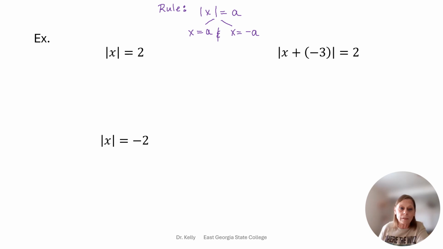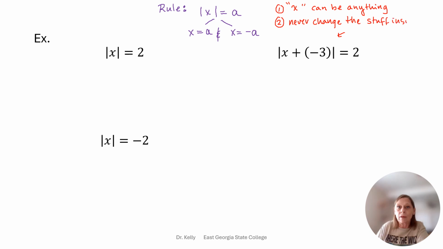Now there's a couple of things to note here. First, that x can be anything, as you can see down here on a couple of examples. So the x can be anything. The second thing I want to make note of is you never change the stuff inside the absolute value.